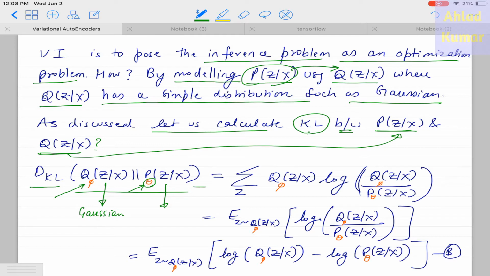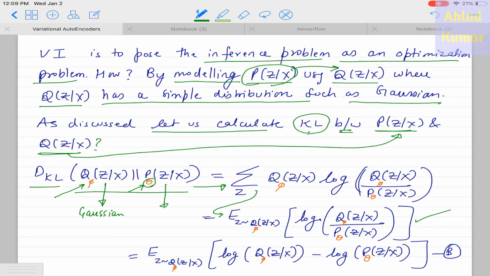The KL divergence can be written in this form, as you already know. And we are now representing this in terms of the expectation. This is very easy to understand now, as you must have learned from my earlier lectures.